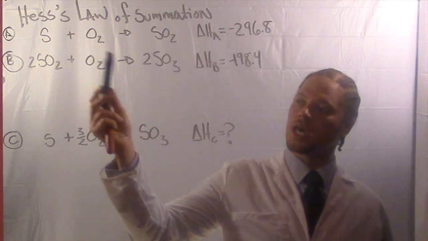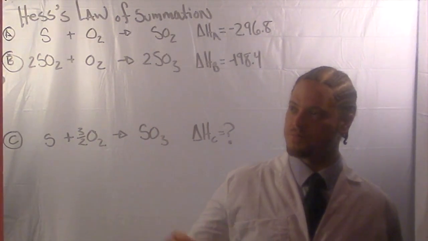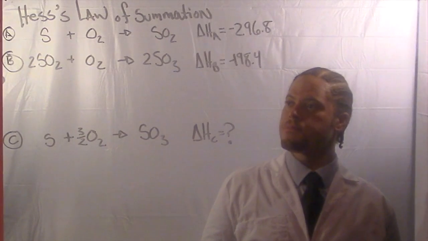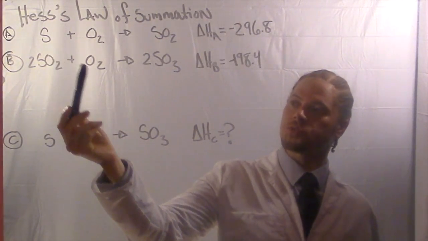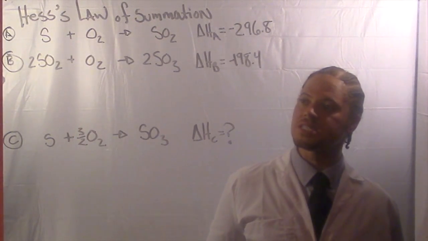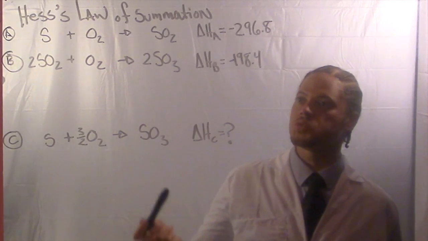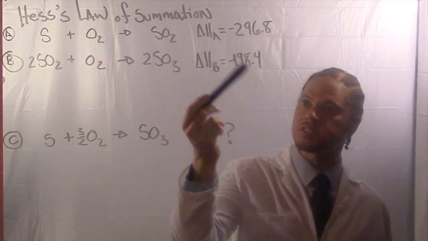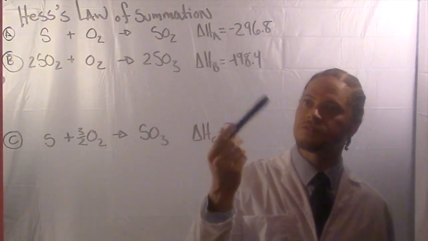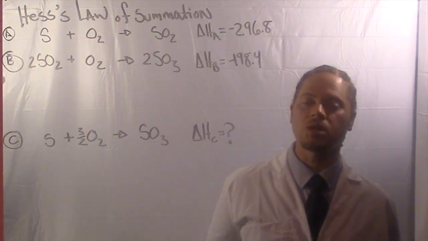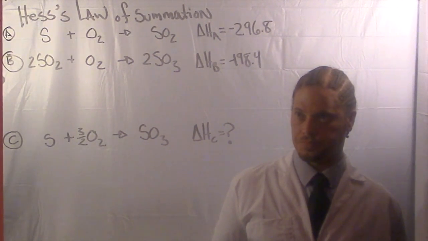If you look at the reactions that are given, reaction A gives us sulfur that's burned in the presence of plenty of oxygen to produce SO2, with a change of H of negative 296.8 kilojoules.